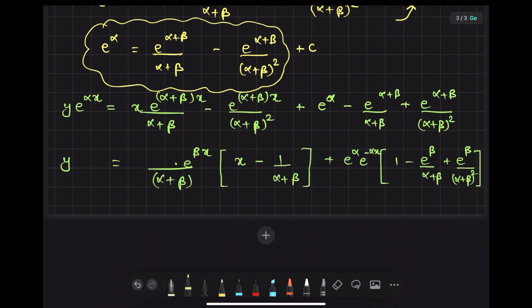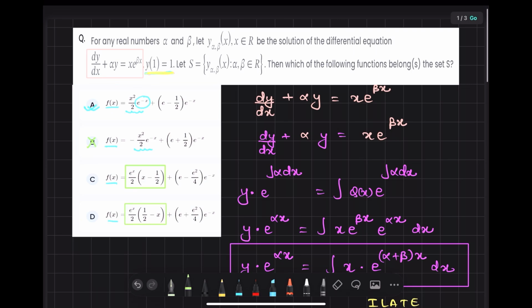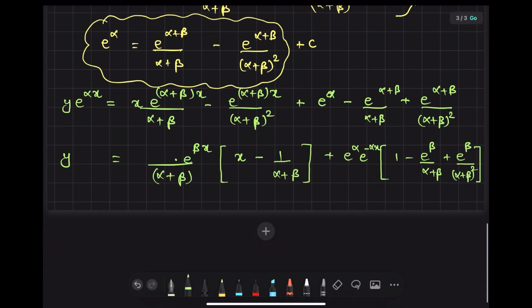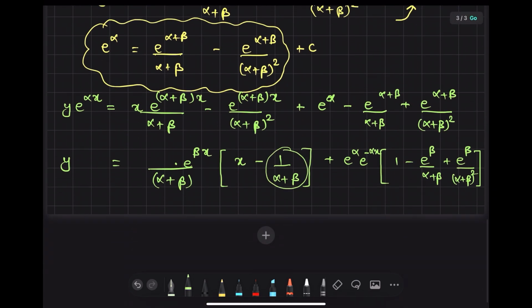E power x by 2. So look at this now, x minus, yes, x minus 1 by 2. So if we take alpha plus beta as 2, we will create that situation.